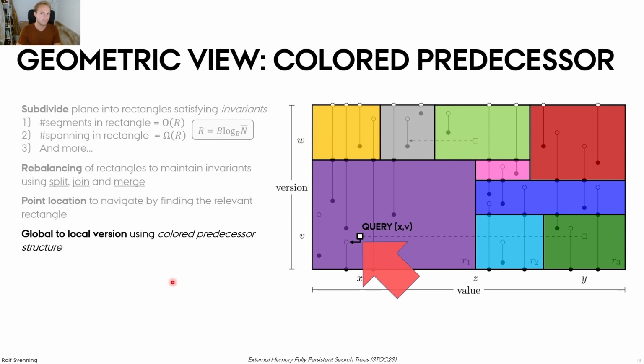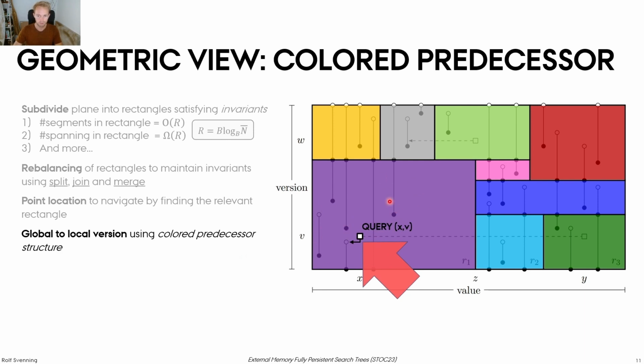Next, there's a less obvious problem that we need to solve. On the higher level, we use point location, and for this query, we find this purple rectangle here. Within each rectangle, for all the versions inside it, we maintain a local ordering of all these internal versions.